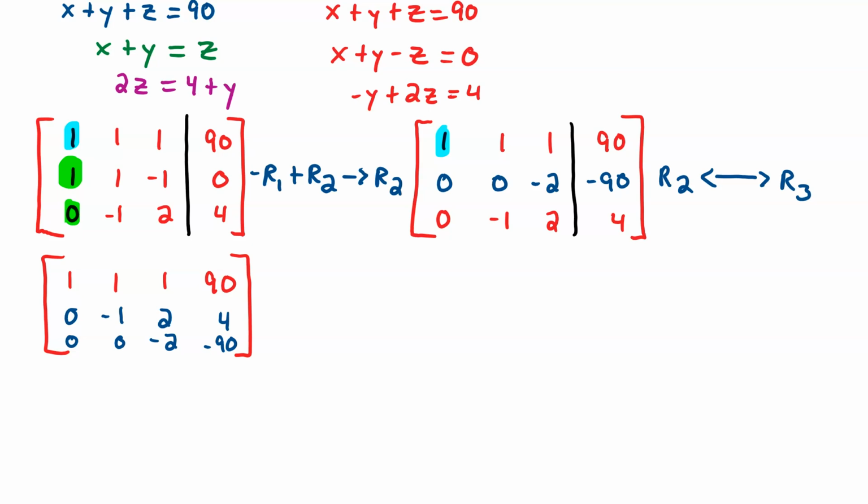And so now that puts that lead entry, like we've discussed when we talked about the main diagonal, in that position. And so now our goal is going to be to get zeros above and below that entry in the second row. And we already have a 0 below it, so our goal is just getting the 0 above.